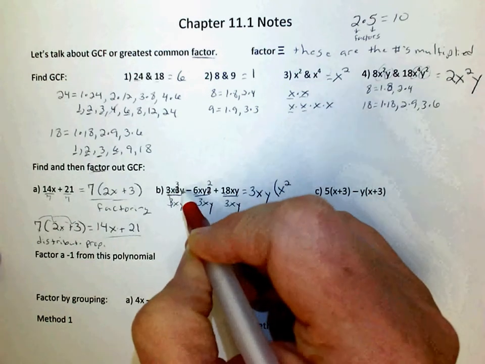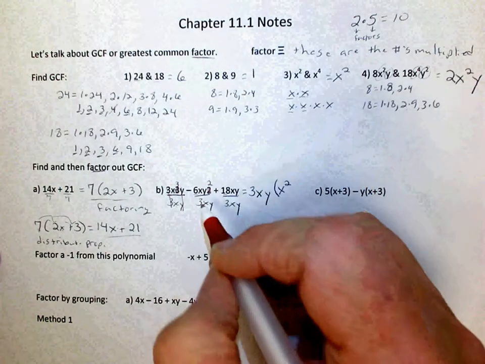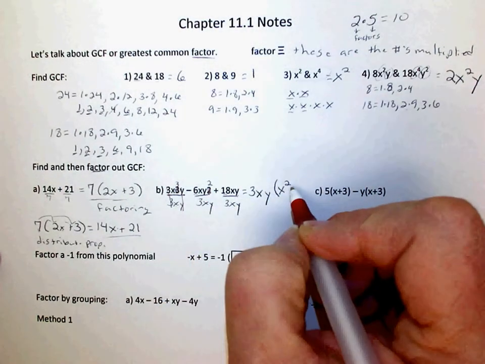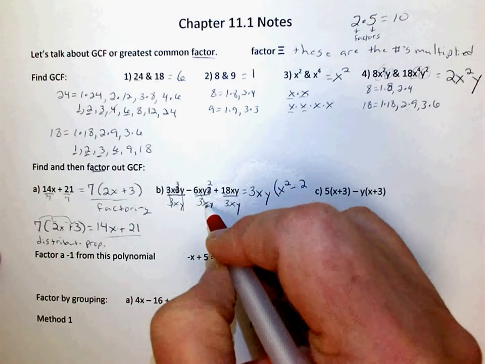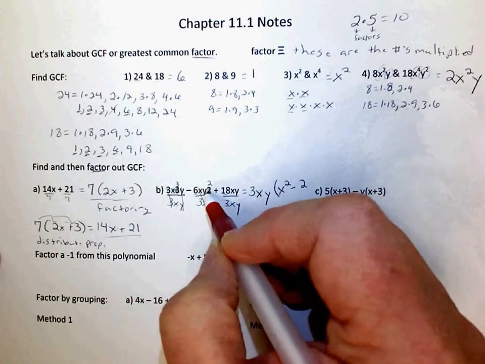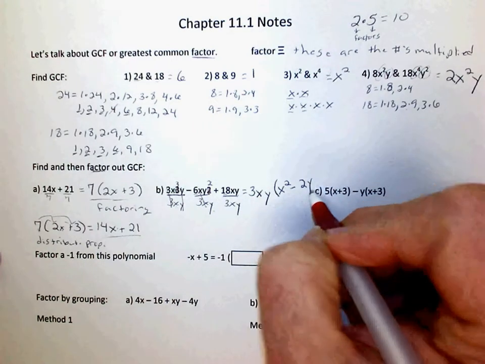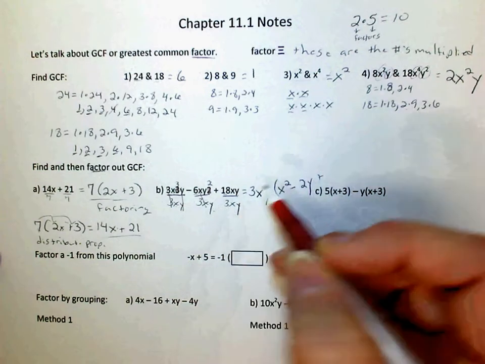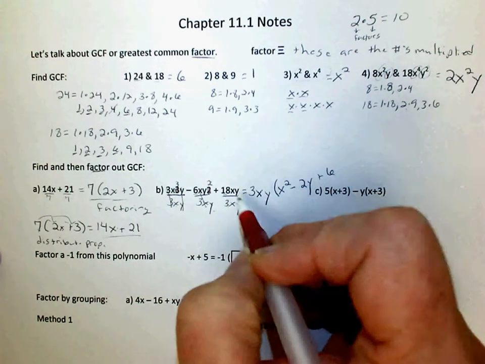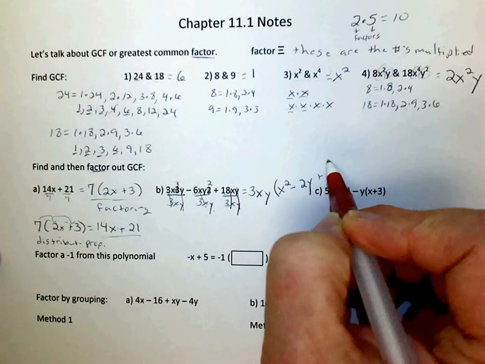And 1 of them divided by 1 of them leaves none of them. 6 divided by 3 leaves us 2. X divided by x, chop chop. 2 y's on top divided by 1 y on the bottom leaves y. And then plus 18 divided by 3 leaves 6. And x divided by x, chop chop. Y divided by y, chop chop. And we're done with that one.